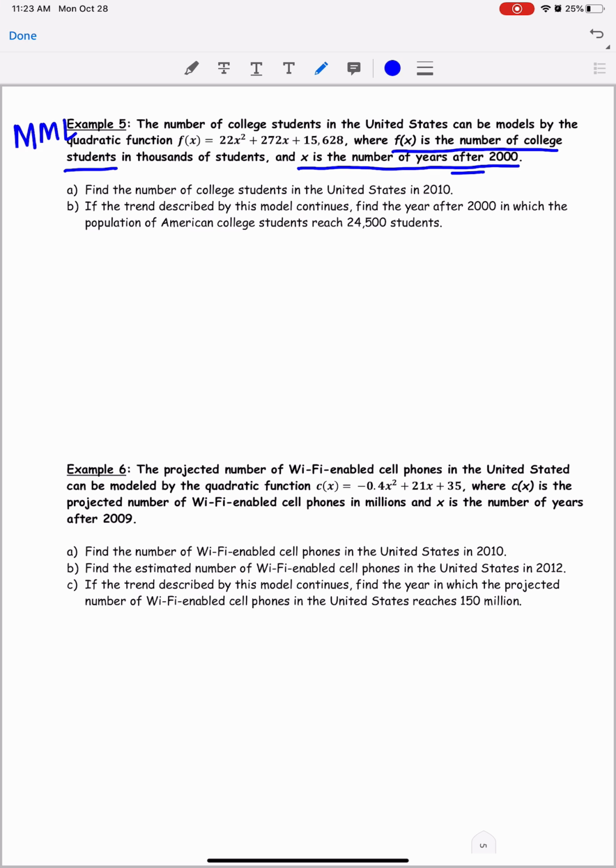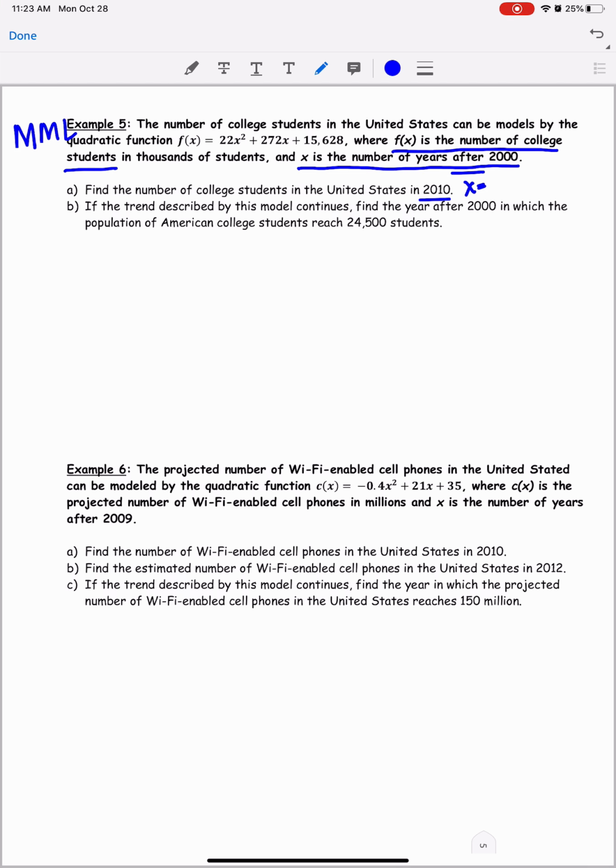So we have an A and a B. A says to find the number of college students in the United States in 2010. So, because my years is my x, this means I know what my x is.